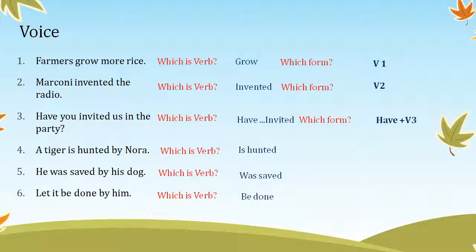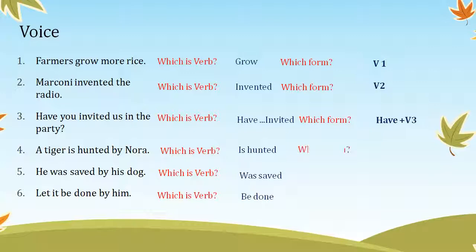But although it is B3 form, it is not passive voice. Because I told you the verb must be in B3, but before that there must be a be verb to be passive. But here there is not a be verb, there is a have verb. That is why it is active voice.